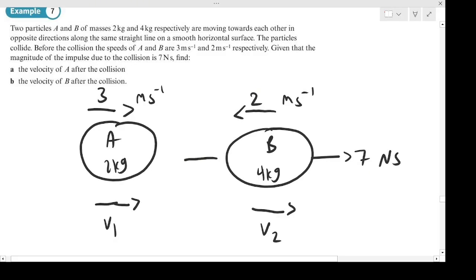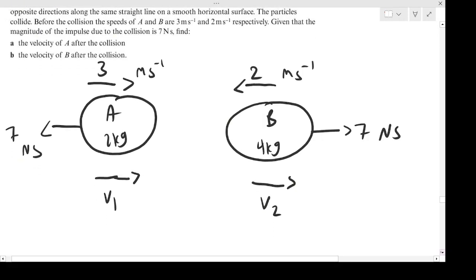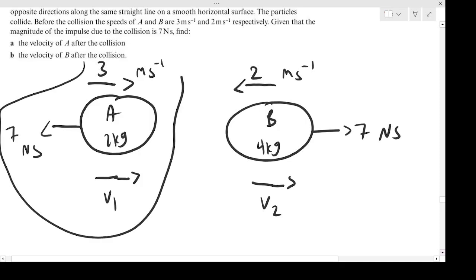Likewise, B is going to push into A in the opposite direction, so A is going to get an impulse here, but again the impulse is 7. And there we are. So actually, if I want to work out V1 and V2, I don't even need to use momentum here. I can just consider the impulses, okay? Because again, the impulses are equal onto one another.